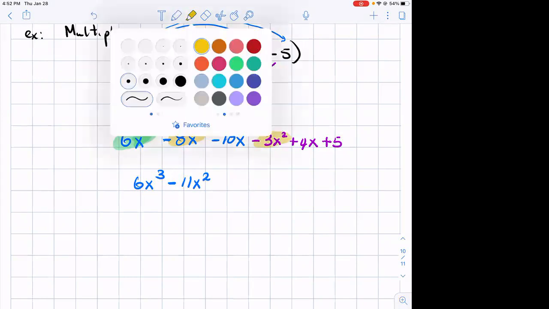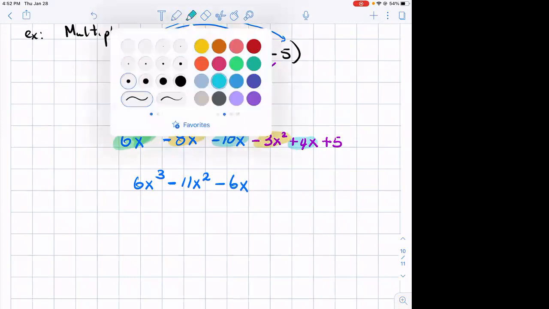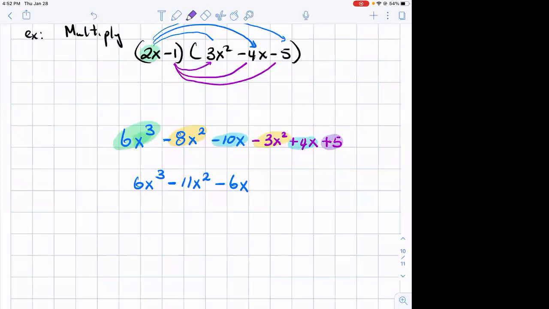Then we move down the line again. We have a minus 10x and a plus 4x. So minus 10 plus 4 becomes minus 6x. And then notice you have this lonely term out here, plus 5. So we can't leave it out. We have to bring it down. So this is my quadratic. 1, 2, 3, 4 terms. It's a polynomial. Okay, no special name.